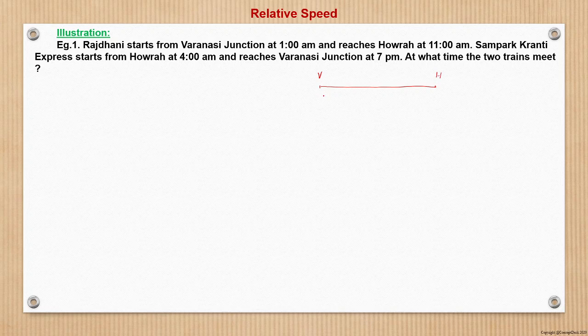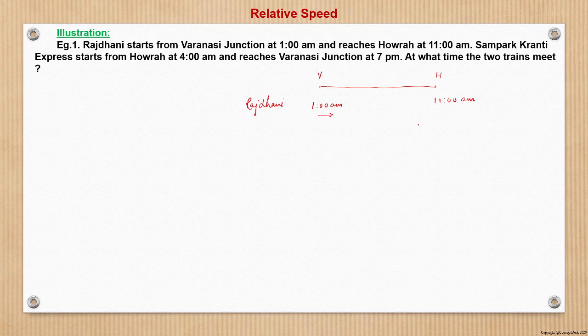So, Rajdhani starts from Varanasi junction at 1 am, goes towards Howrah and reaches Howrah at 11 am.